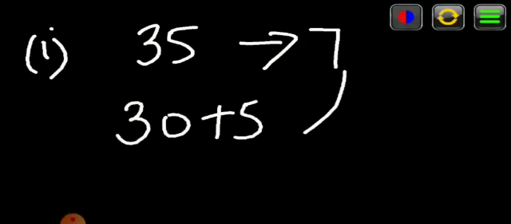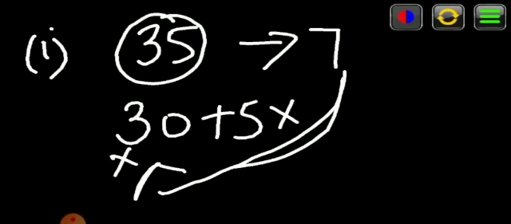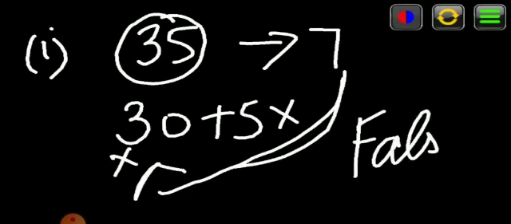But 7 does not divide 30, and 7 does not divide 5 either. Children, you see that a number can be written as a sum of two numbers in more than 1, 2 or 3 ways according to your choice. So if a number divides the sum of two numbers, it is not certain that it will divide the two numbers separately also. So here the statement is false.